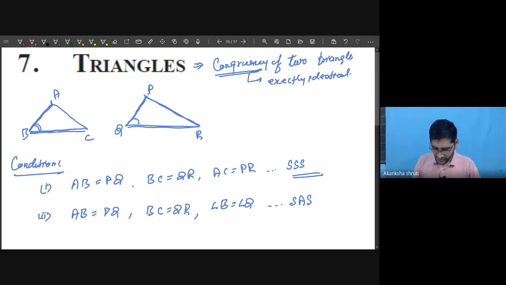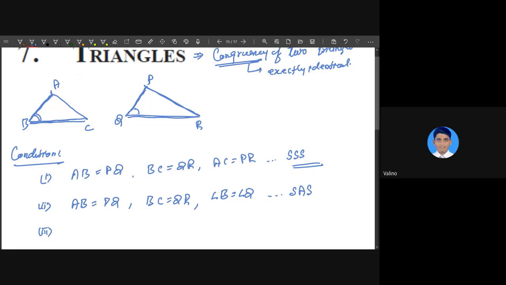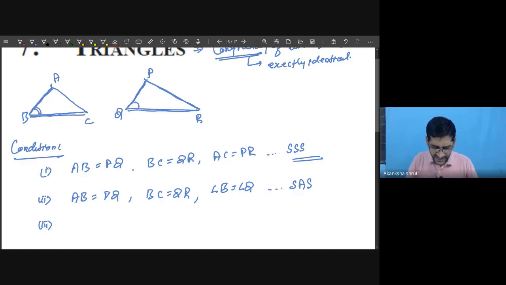There is one more. What is that? ASA. Angle, angle and side. It is possible that two angles are given to be equal.